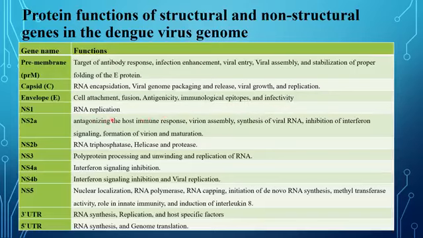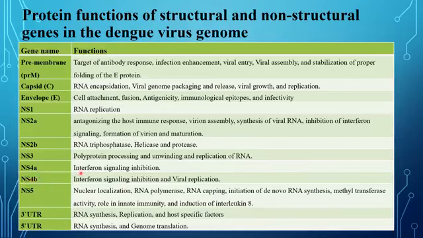NS1 helps in RNA replication. NS2A helps in antagonizing the host immune response, viral assembly, synthesis of viral RNA, inhibition of interferon signaling, formation of viral virions, and maturation. NS2B performs RNA triphosphatase, helicase, and protease activity, while NS3 helps in polyprotein processing and unwinding and replication of RNA.